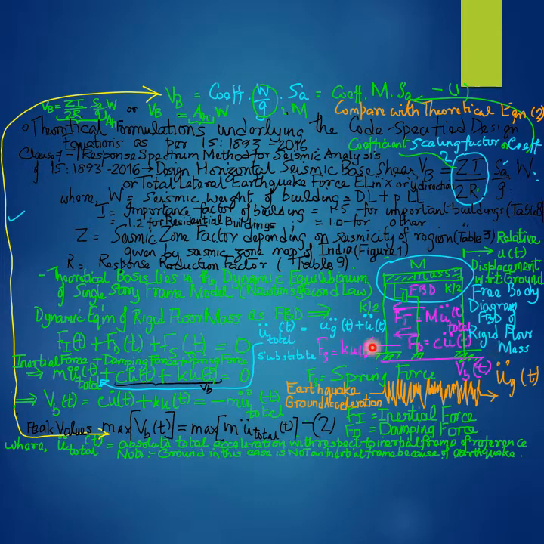Therefore, as a result of the earthquake ground motion, the ground itself cannot be considered as an inertial frame of reference, as the ground, when considered as a frame of reference, is not at rest and therefore not a stationary or inertial frame of reference.